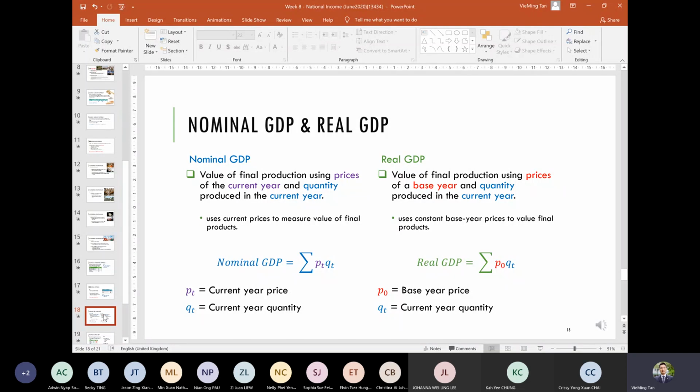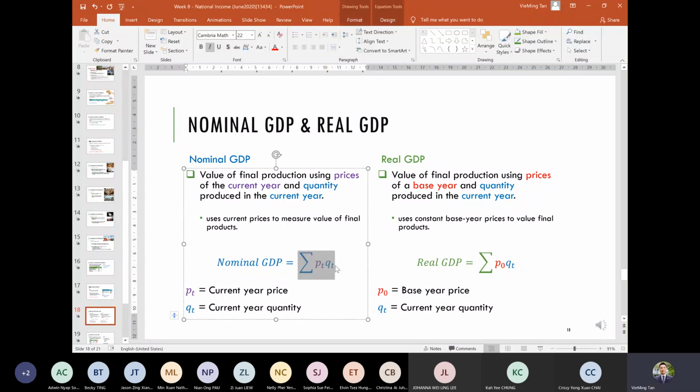So in short, if nominal GDP is applied, then the product price and also the quantity produced of a country are calculated using the current year. Current year is also called the calculated year. Okay, so I put here calculated year.